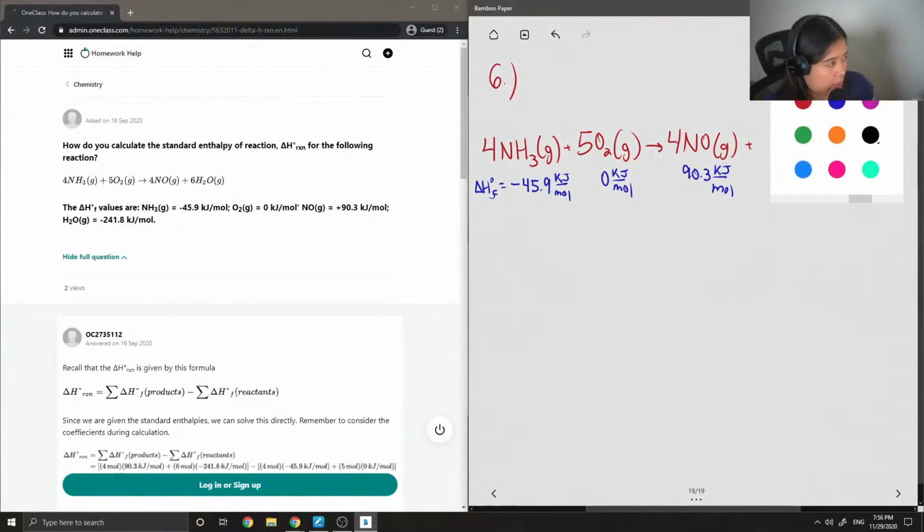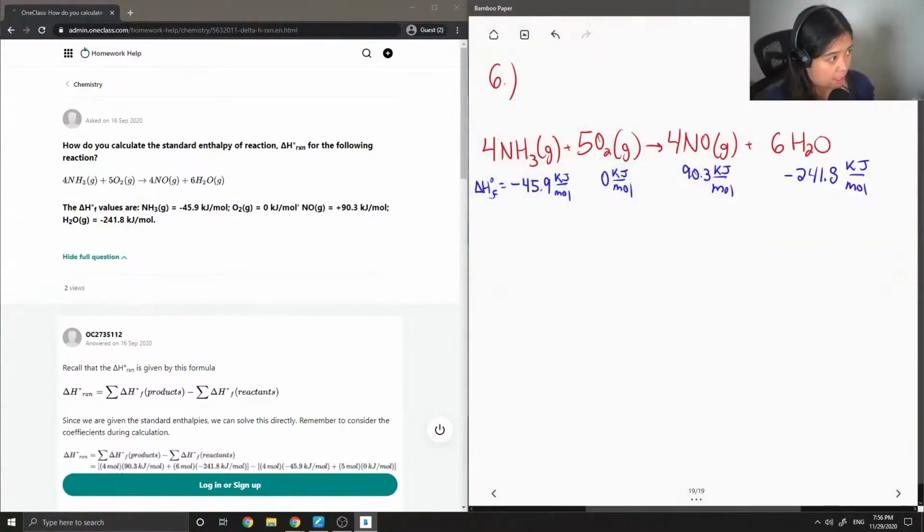Okay, so to answer this question, I'm just going to write the basic expression on how to calculate the standard enthalpy of reaction. So the delta H of the reaction is equal to the sum of the delta H of formation for the products minus the sum of the delta H of formation of the reactants.